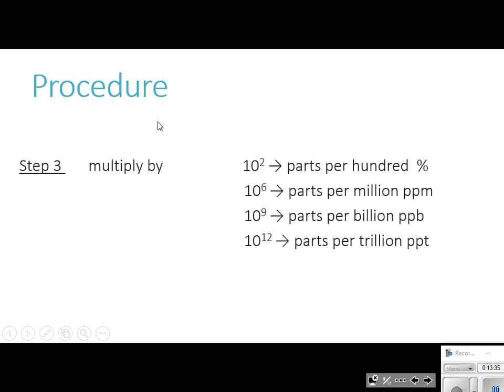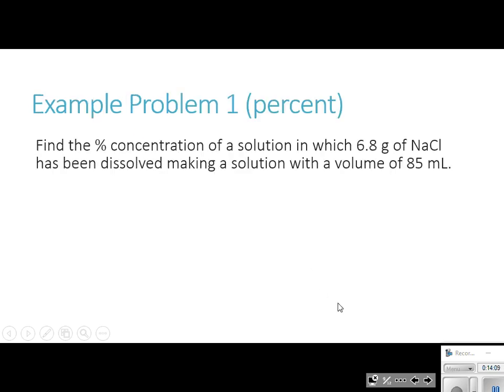Parts per 100? Okay? So, we need to have that representative quantity, as we were talking about earlier on, which is either 10 to the second, 10 to the 6th, 10 to the 9th, or 10 to the 12th, depending on what we are converting to, what our label is going to be.